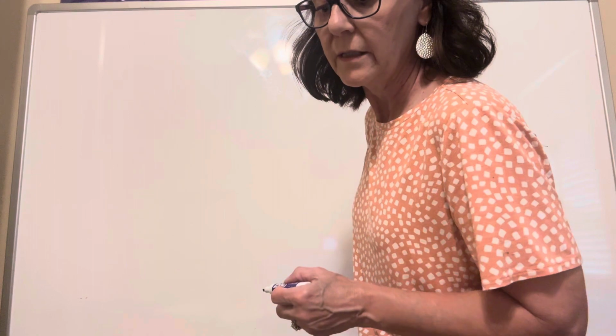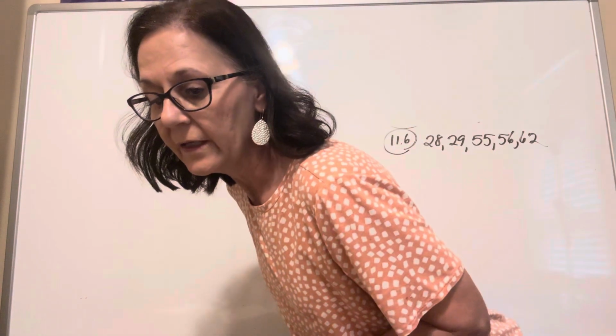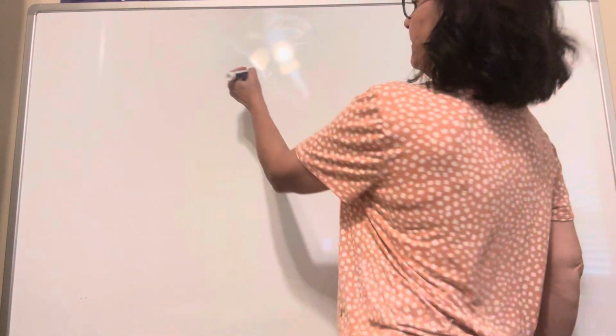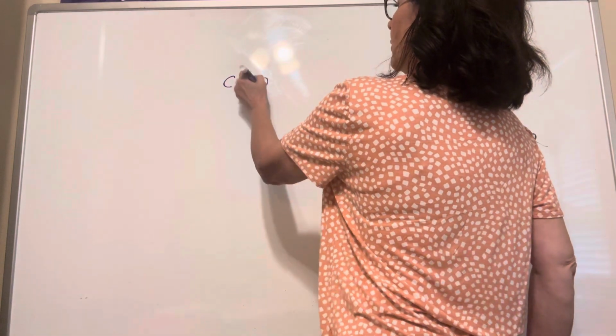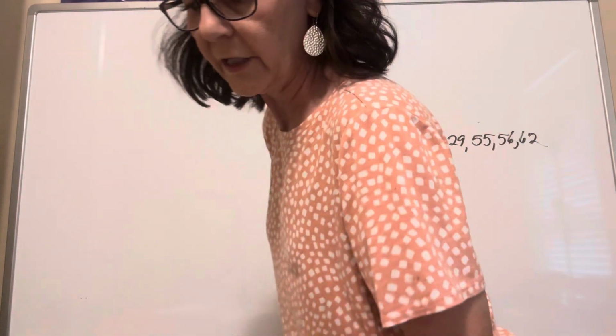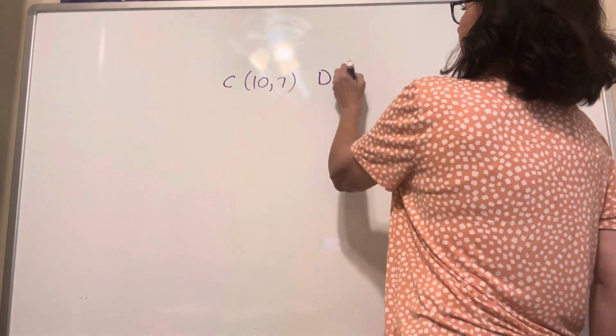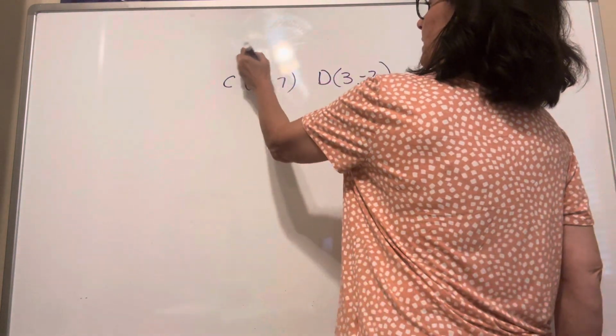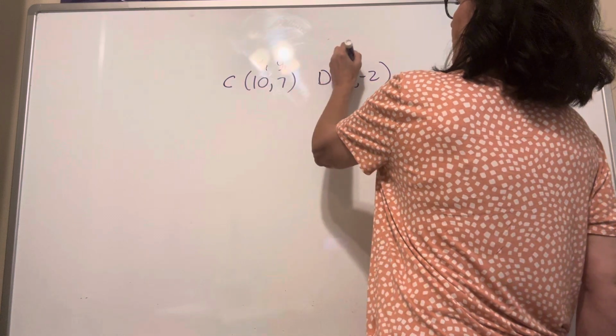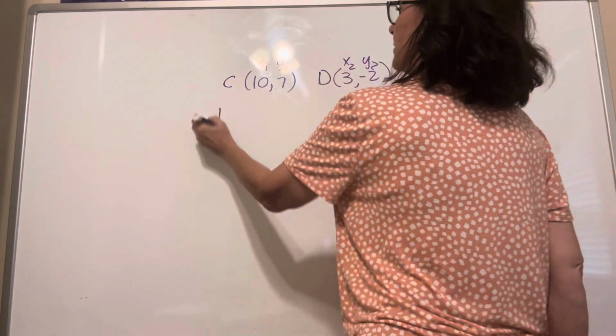All right, 29 is the same, I believe, when I glance. 29 just has different points. C's point is (10, 7), and D is (3, -2). Label your points. One set's 1, one set's 2.